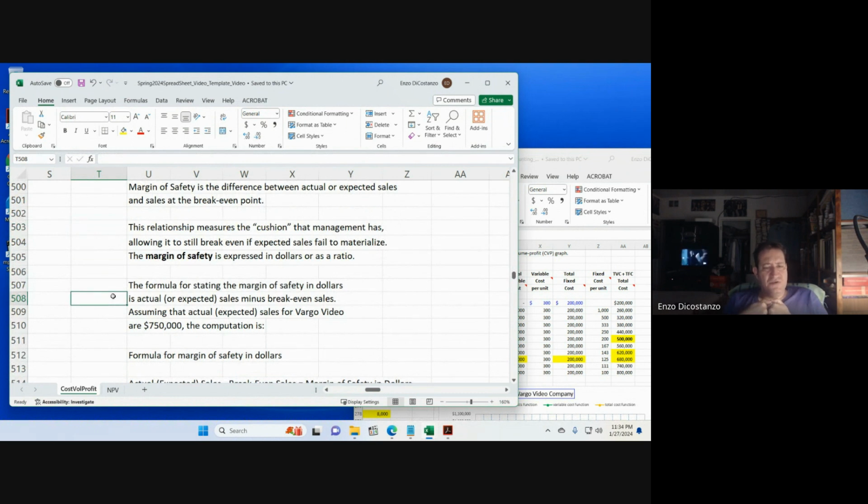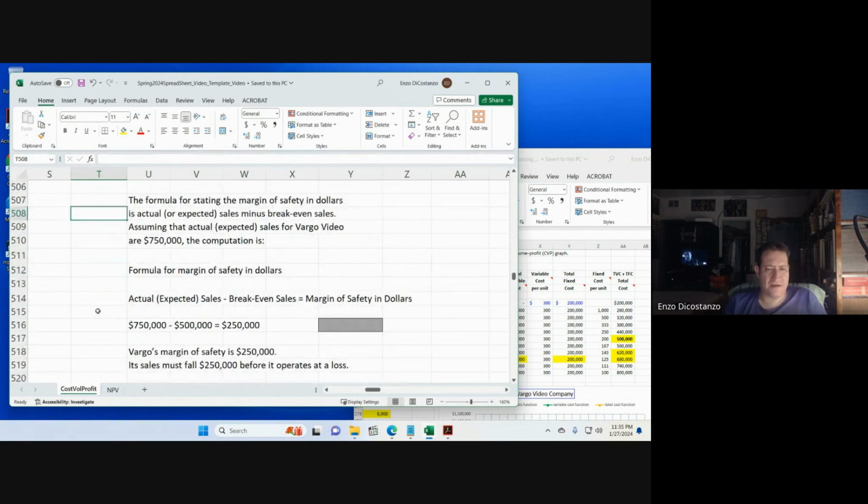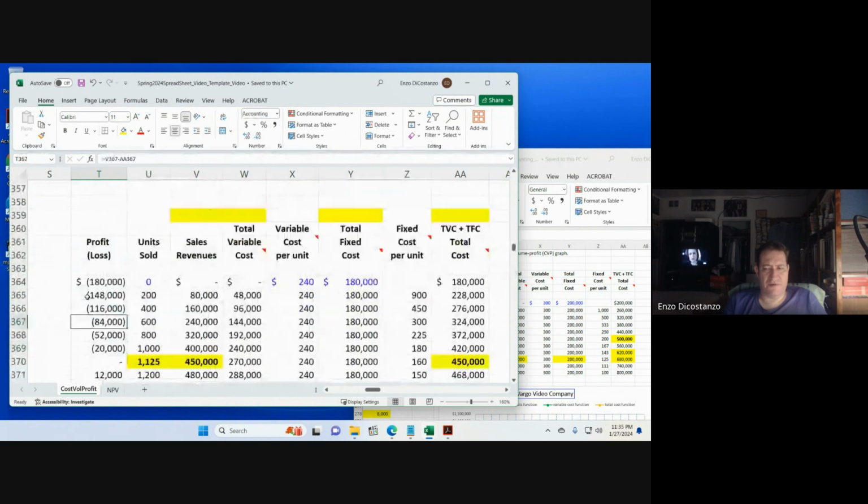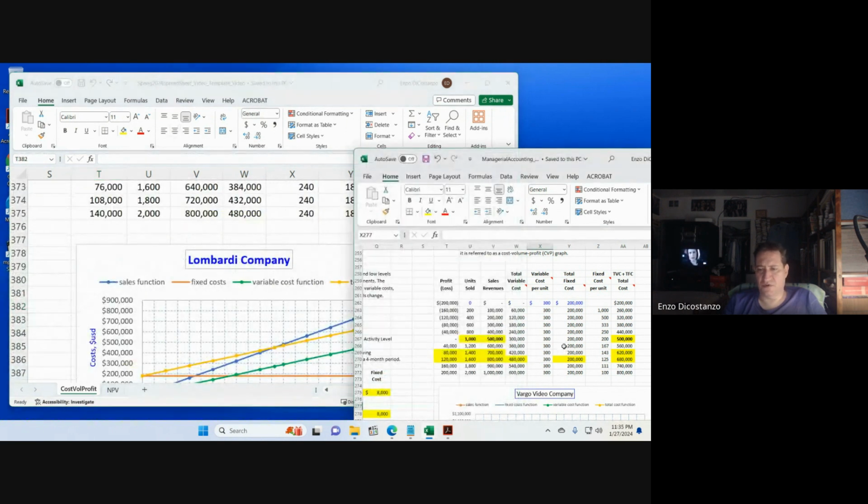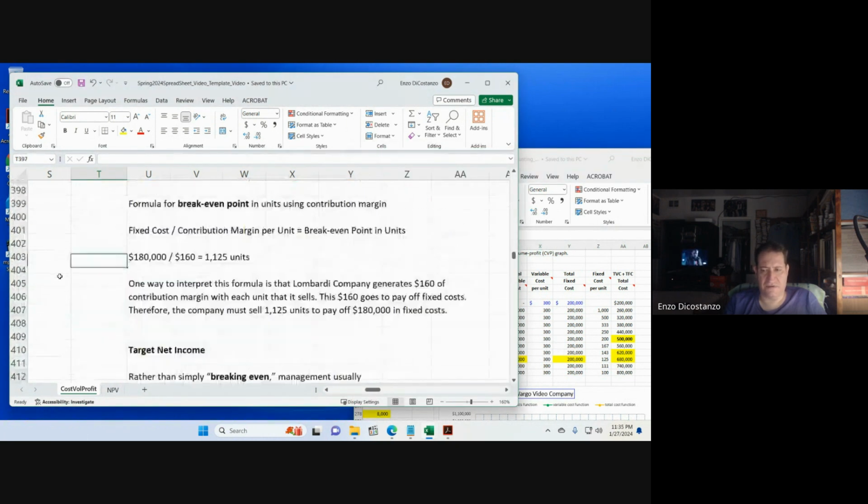It says assuming the sales are 750,000. And what were the break-even sales? The break-even sales were 500,000.